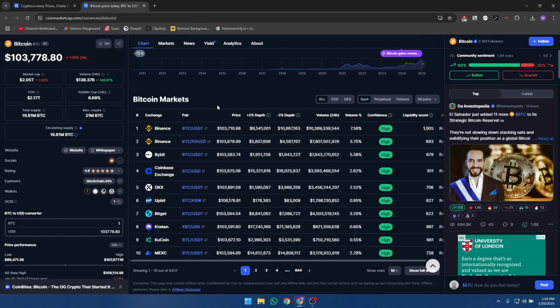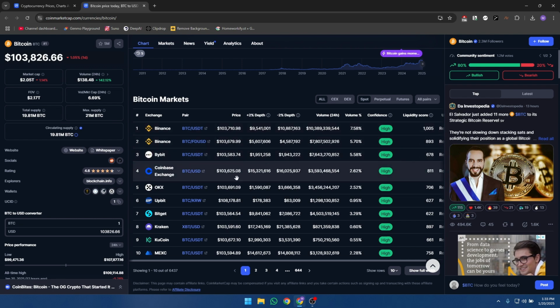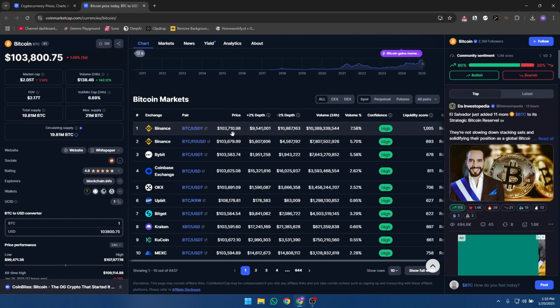A centralized exchange is basically an exchange that is centralized and has its own pair of BTC, which you can trade for USDT or any other currency. And the price is pretty much the same because it's all accumulative. So Bitcoin just gives you the overall, while the centralized exchange has its own price because the volume is different.